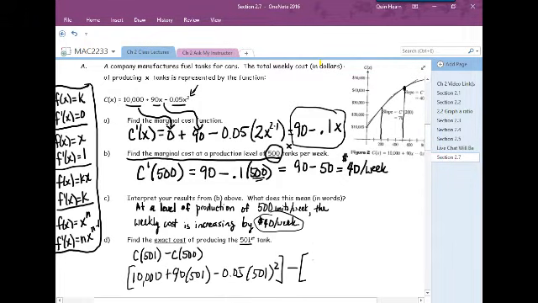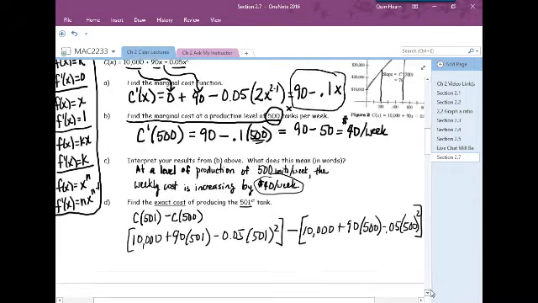We're going to subtract from that 10,000 plus 90 times 500 minus 0.05 times 500 squared. All right, so I'm going to plug it into my calculator and you plug it into yours. Let's see if we get the same answer.